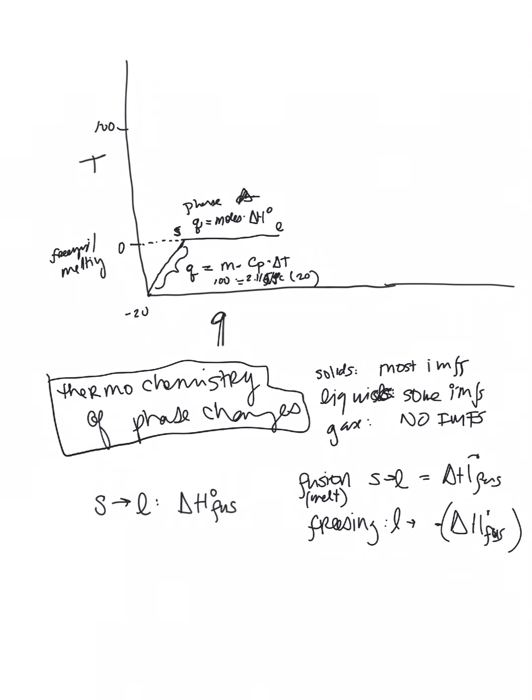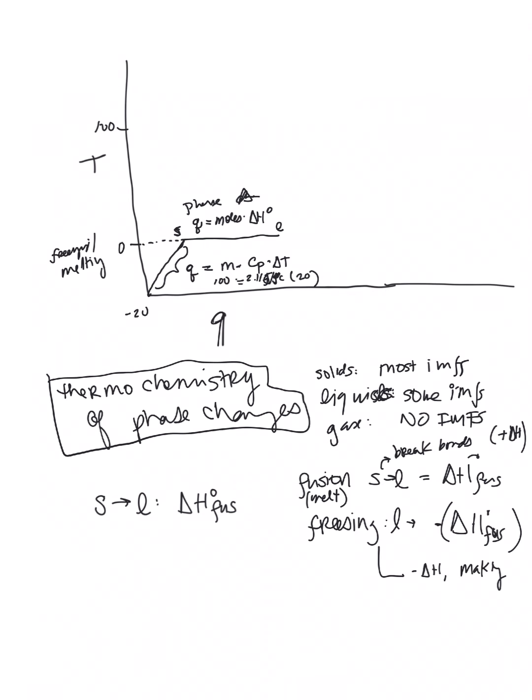When going from solid to liquid, we are breaking bonds, a positive delta H, which requires absorbing heat energy. Whereas when we're freezing, this is negative, because we are making bonds.